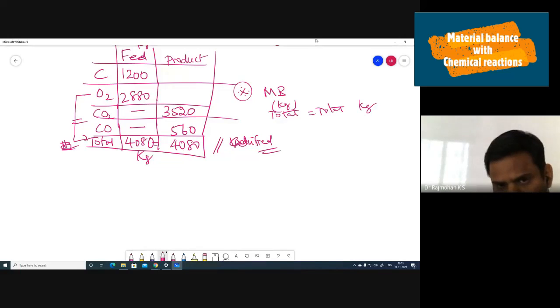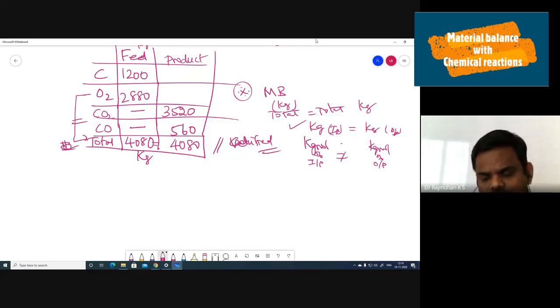So we should know that kg moles will not be equal. Kg moles of input will not be equal to total kg moles of output, but kg of input will be equal to kg of output. Then only our calculation is correct.